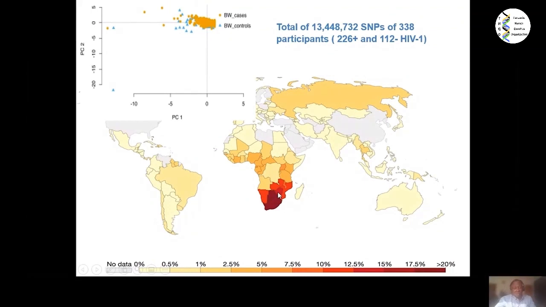To perform polygenic risk scores in these populations, we used whole genome sequences of 338 samples, 226 HIV positive and 112 HIV negative, as you can see from this PCA plot of cases and controls.